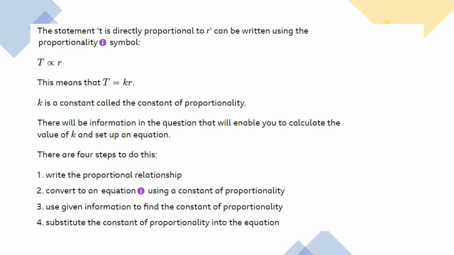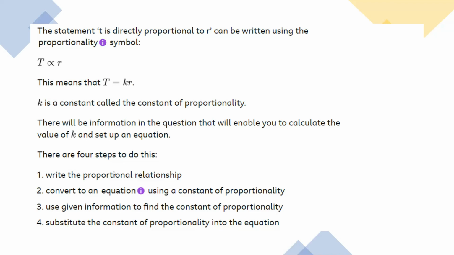You need an operator: either equals, multiply, or divide, to form an equation. To solve an algebraic equation, or any equation, there is no operator called proportionality. So you have to get rid of it, by replacing the proportionality symbol with an equal sign and putting a constant K there.